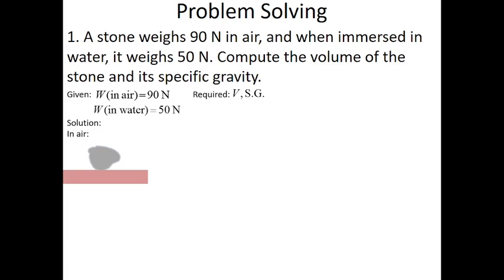So, in this case, we consider the forces acting at the stone. First is the weight of the stone in air. The weight of the stone in air is simply 90 newtons, as stated in the problem.